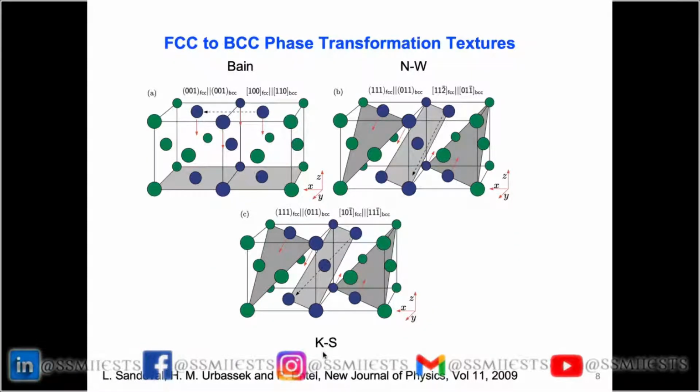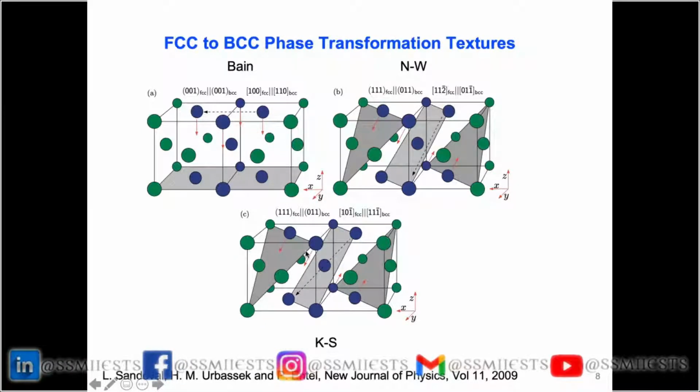And KS, Kurdyumov-Sachs, tells you that the 111 FCC plane, so this plane, is parallel to the 001 BCC plane. So this is in FCC, this is in BCC, but you can see that the planes are parallel.